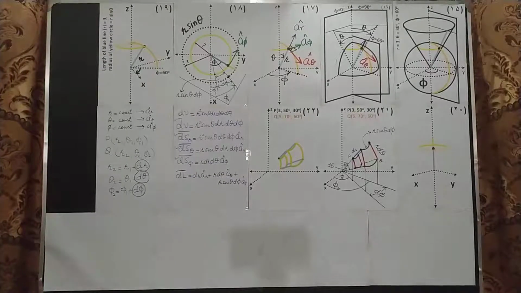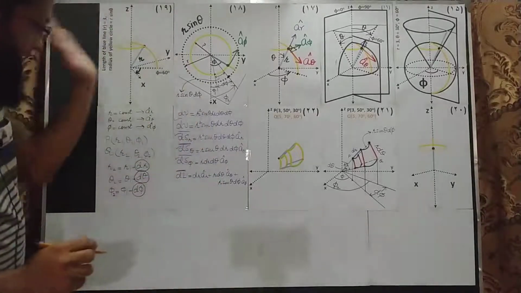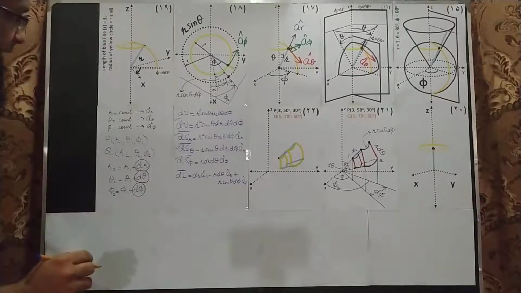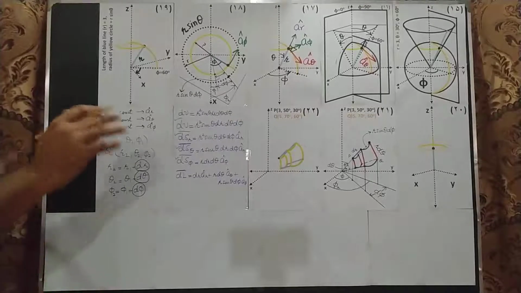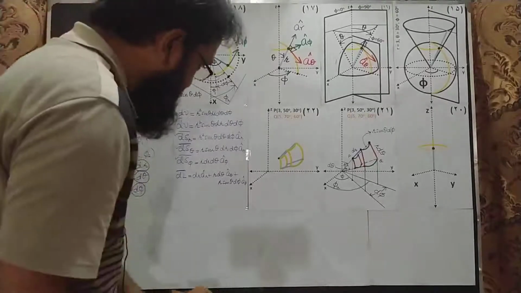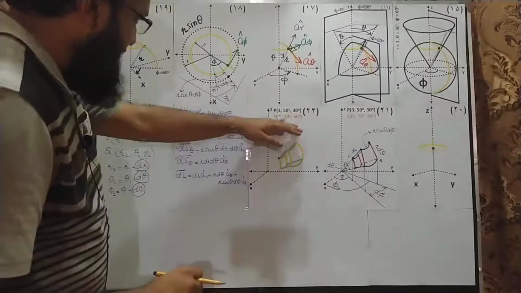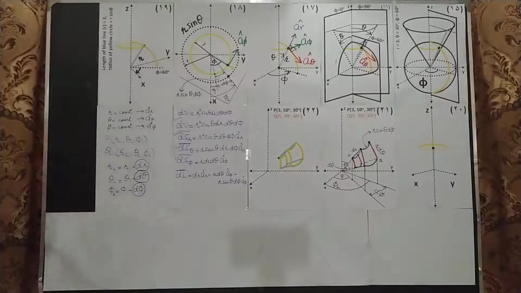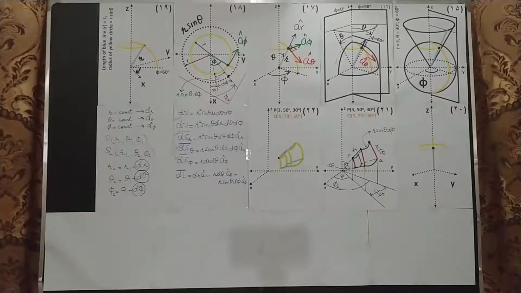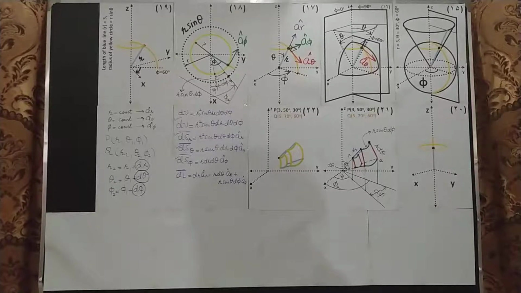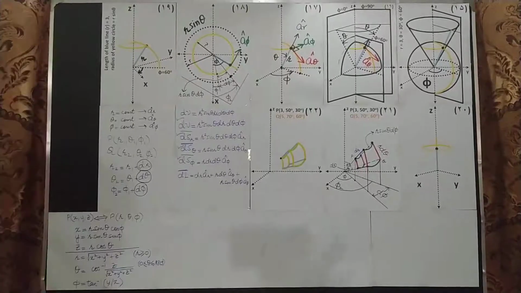So this is it for the spherical coordinate system. Now once again, if we want to convert the coordinates given in the spherical coordinate system to and from the Cartesian coordinate system, what should be the strategy? We should also look into that.